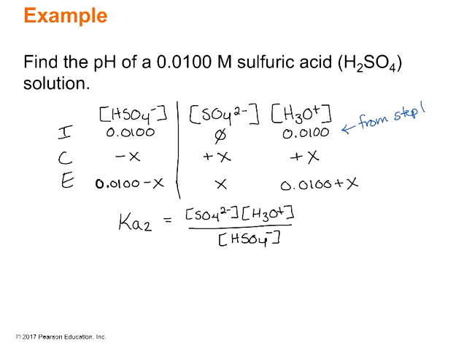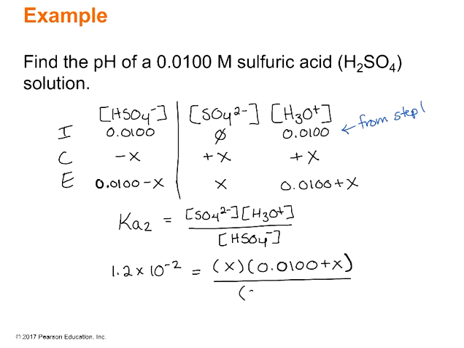So previously we said that Ka2 was 1.2 times 10 to the negative 2, and that was from the table. So we'll set that equal to x times 0.01 plus x all over 0.01 minus x.